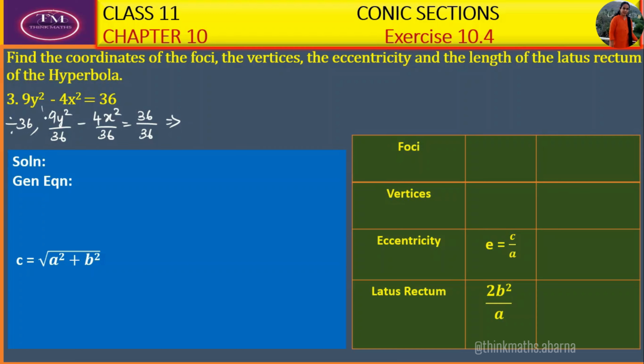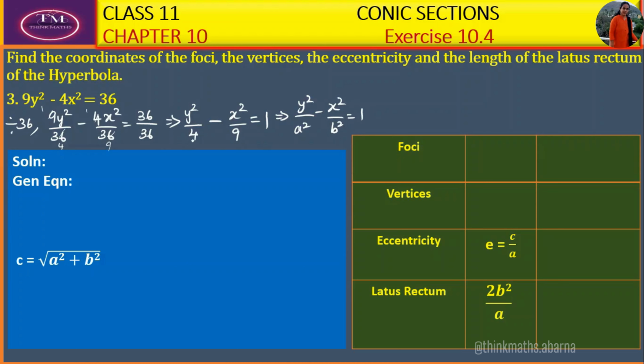So it is 1 nines are 9, 4 nines are 36. So we will get y square by 4 minus, 1 fours are 4, 9 fours are 36, x square by 9 equal to 1. So this is of the form y square by a square minus x square by b square equal to 1. Okay.